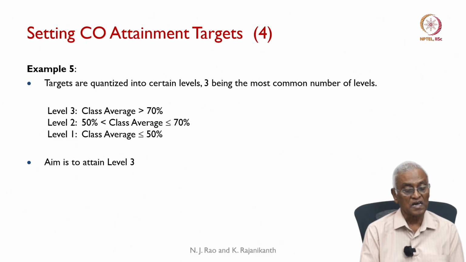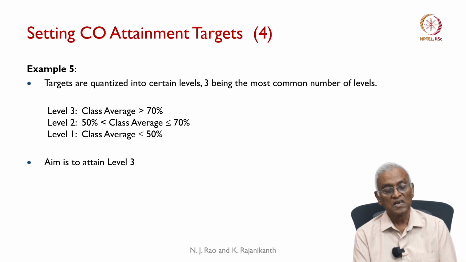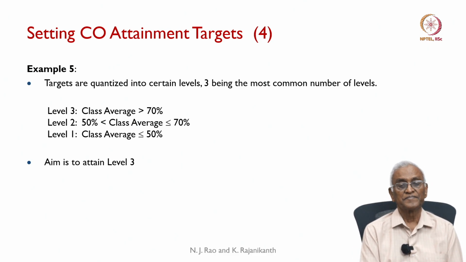institutes set targets, and the aim is always to attain level 3. That is the aim of the course. That means I want class averages to be greater than 70.